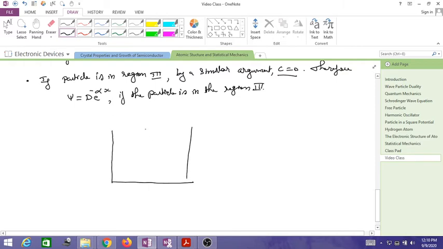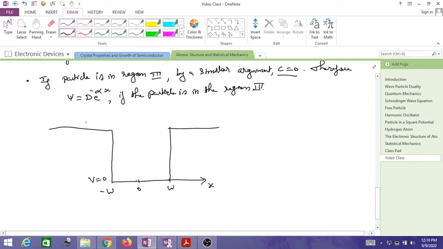If we consider this is our potential well box, the potential energy is 0 if the particle is moving within minus w to plus w. This is the x-axis with 0 in the center, and V is equal to V naught, some constant. This is our region 1, this is our region 3, and this is our region 2.